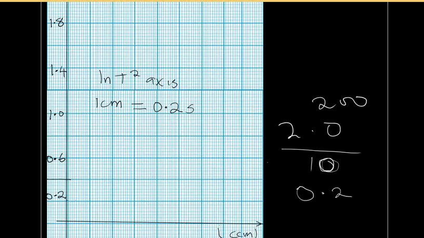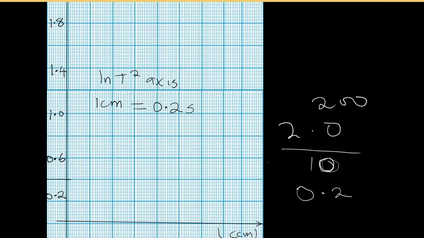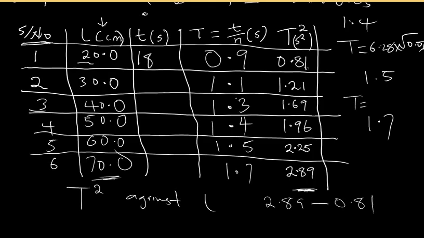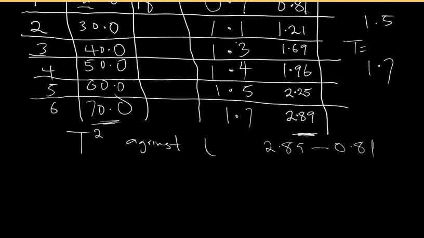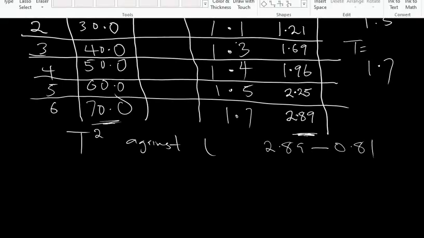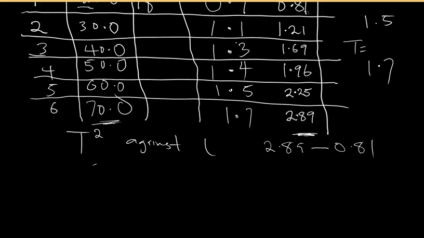Let's take the scale for my horizontal axis, that's length. So my interval is from 20 to 70. The difference is 70 minus 20, which is 50.